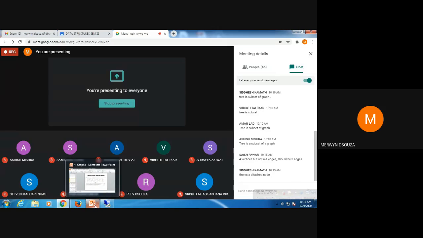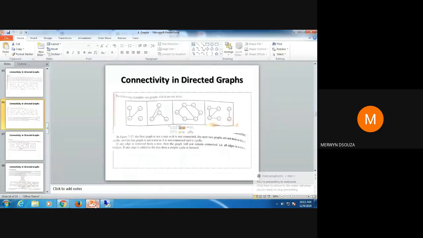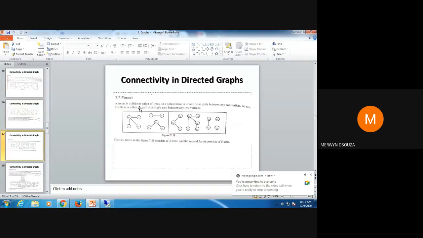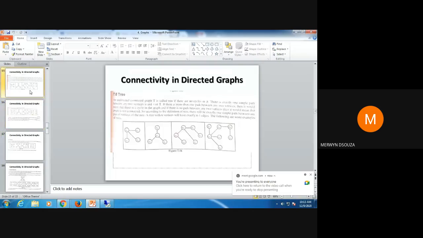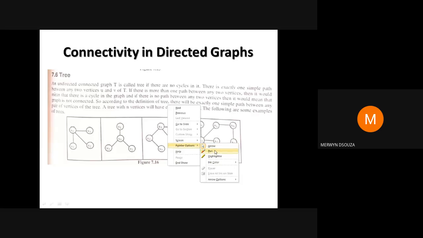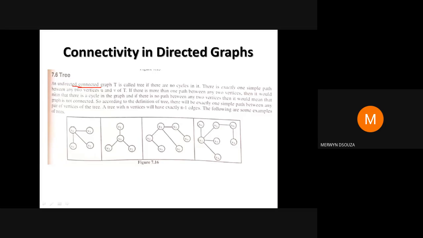In the words of the definition that was given here, what Siddesh is trying to tell, and what Siddesh should write for the exams, is that it's not a connected graph. Please note, you should try to use the same words. Now you are becoming engineers, so you should put in more technical words when you are writing your answers.